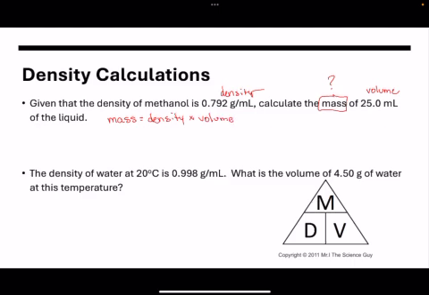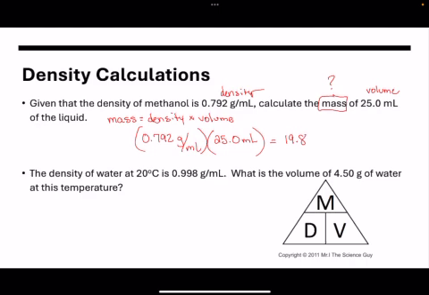So we have here our density is 0.792 grams per milliliter, and we are going to multiply that by 25 milliliters. If you put that in your calculator and do the calculation, then you should see that it equals 19.8 as our number.